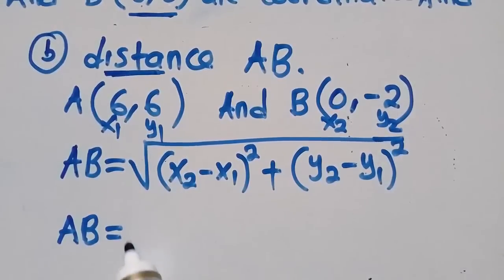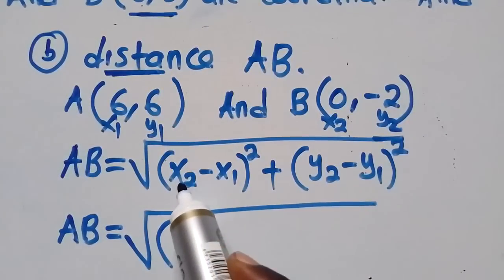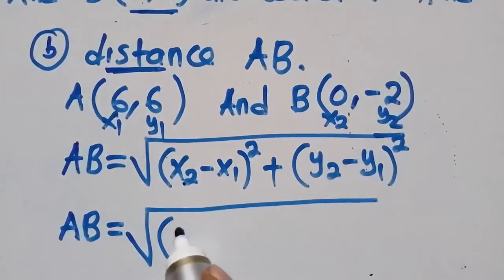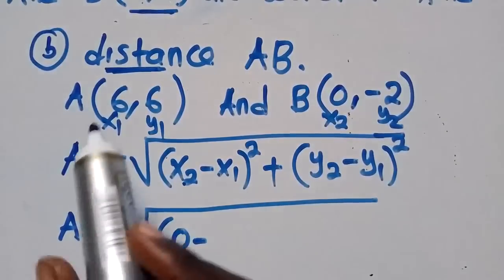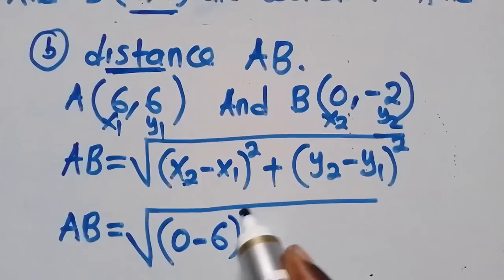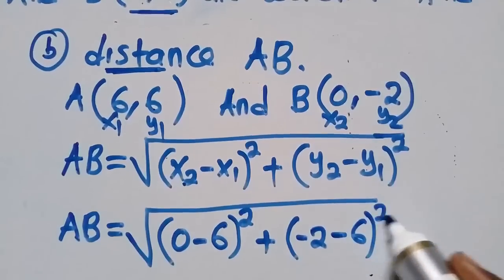Where you substitute now, you write the square root. What is your x2? x2 is 0, minus x1, which is 6, squared. Plus y2, which is -2, minus y1, which is 6, squared.